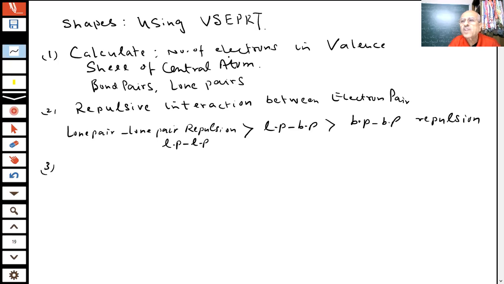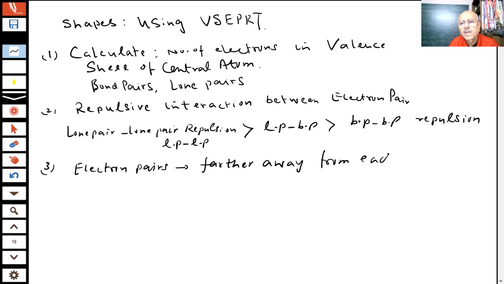The pairs of electrons are repelling, either bond pairs or lone pairs. And when they repel, what will happen? These electron pairs will try to go farther away from each other to form the shape of the molecules.